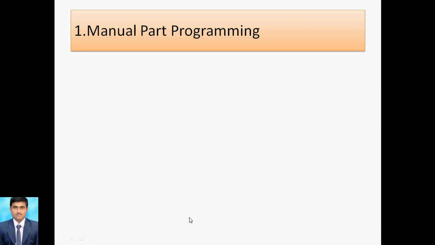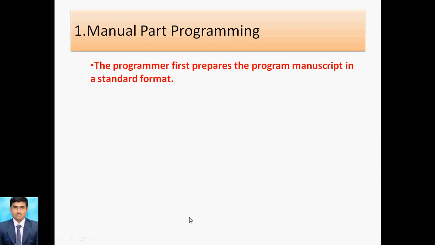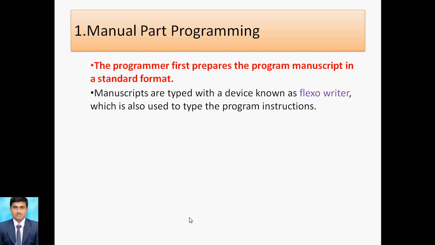First of all, we look at manual part programming. In that, the programmer can prepare a manuscript in standard format, in terms of G codes and M codes, and it should be written in a Flexowriter. If a complex shape is there, then this method is difficult.